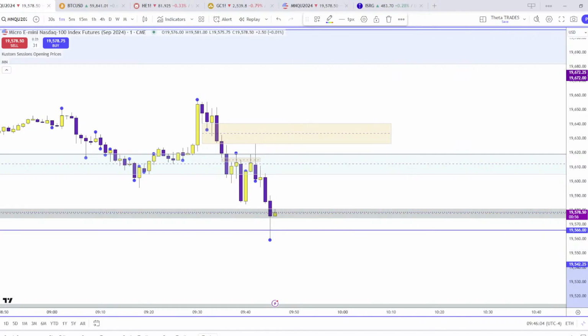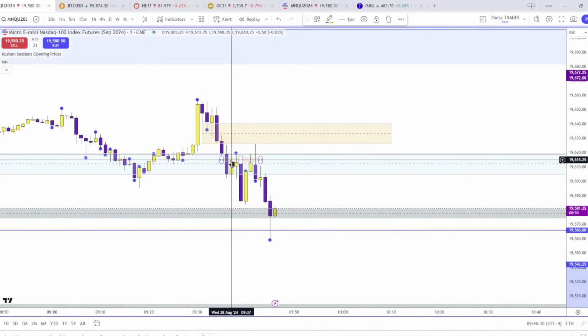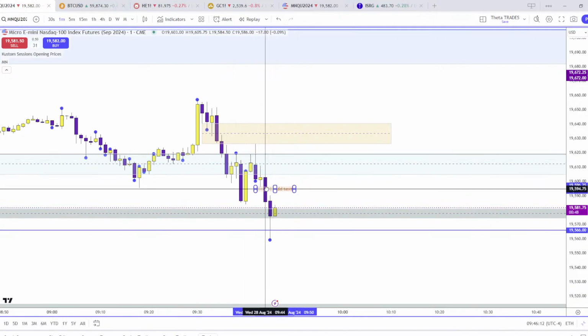Now I've taken these lows. Keep your eyes on that low that's been taken. Keep your eye in here now. Come off of this one. Look here.